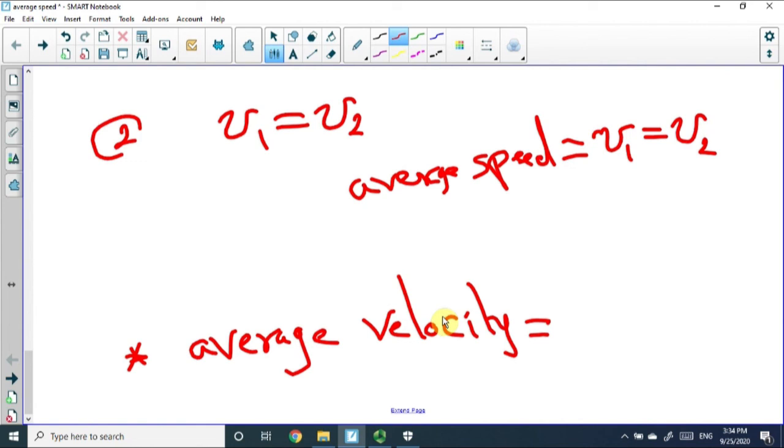When the car finishes a lap, it goes back to the same location, so the displacement will be 0. So the answer will be 0, because the car is just going back to the location it started. That's the important difference between average speed and average velocity.